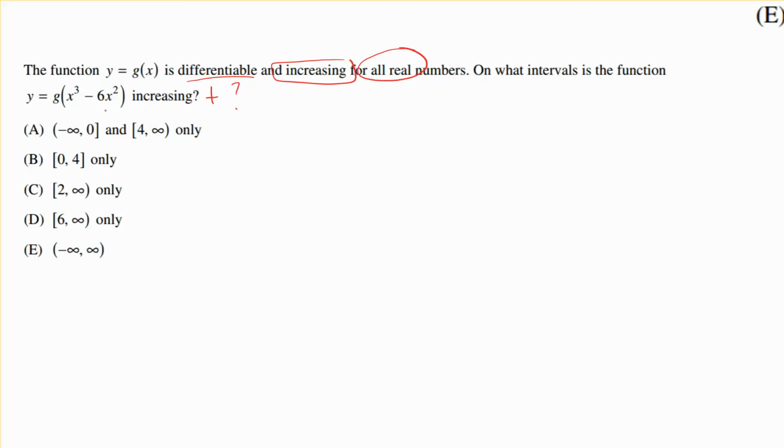So what are they testing us on here? I think they're testing us on the chain rule. So y prime equals g prime of x cubed minus 6x squared times the chain rule here of 3x squared minus 12x.